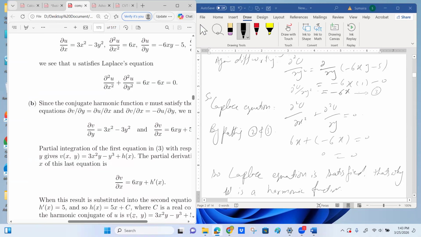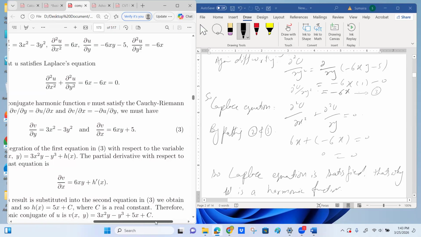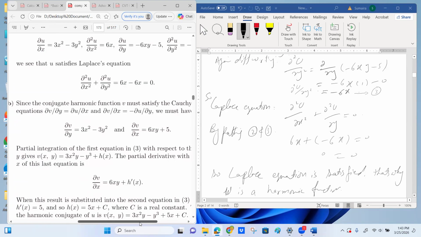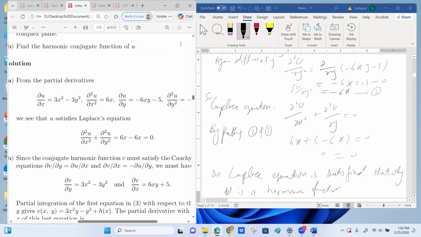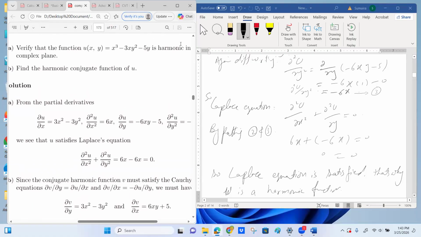In the conjugate function, it must satisfy the CR equations, the Cauchy Riemann equations. First of all, I read out part B: find the harmonic conjugate.